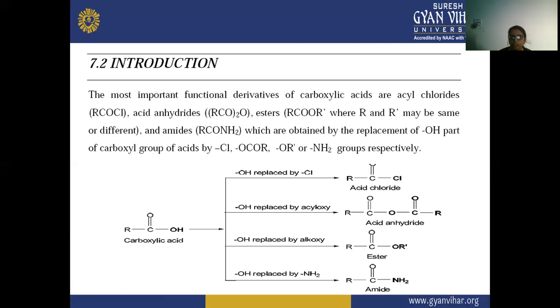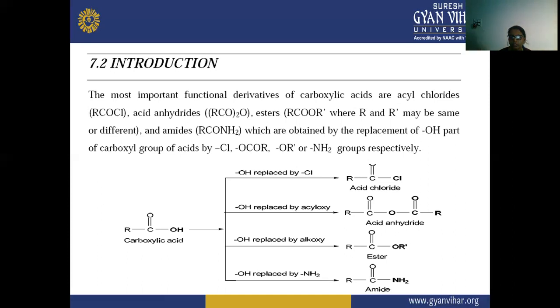So the most important functional group derivatives of carboxylic acid are acyl chloride, acid anhydride, esters and amides, obtained by the replacement of the OH part of the carboxyl group by Cl, OCOR, OR, or NH2 respectively.